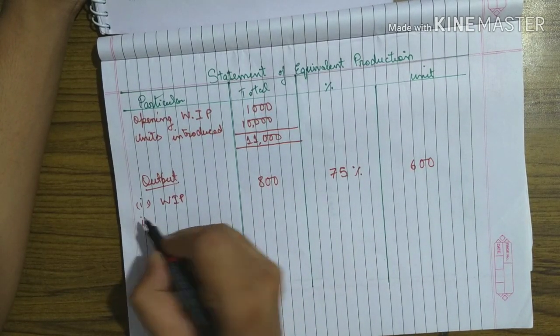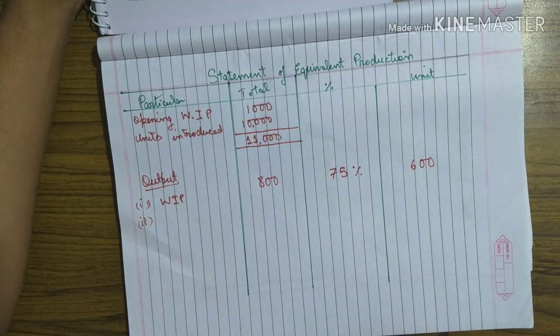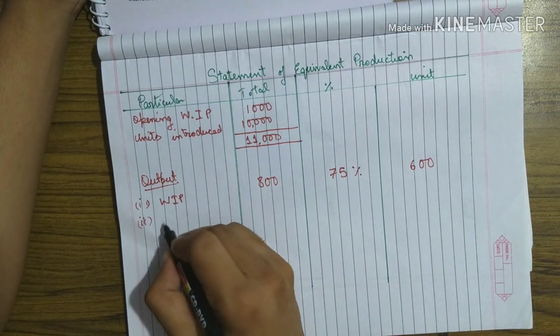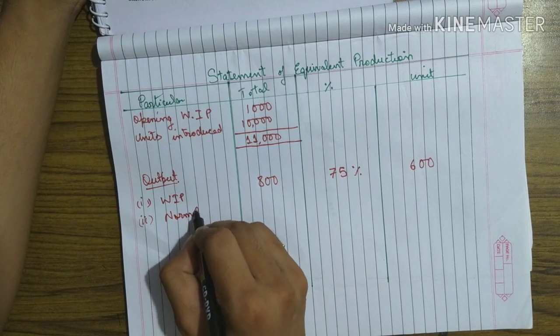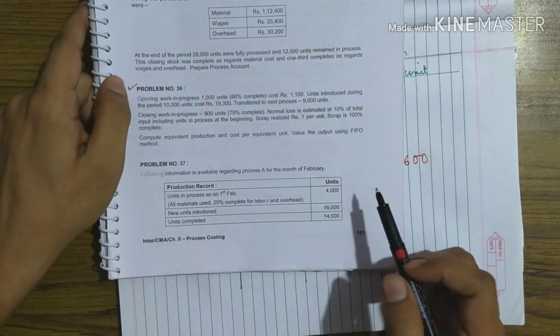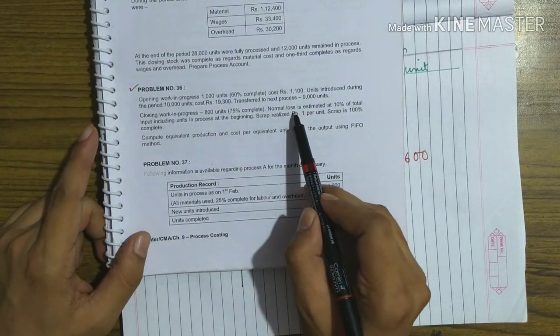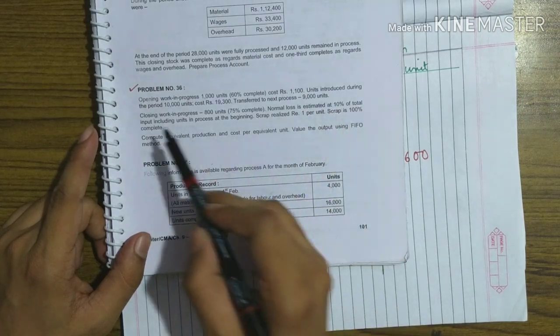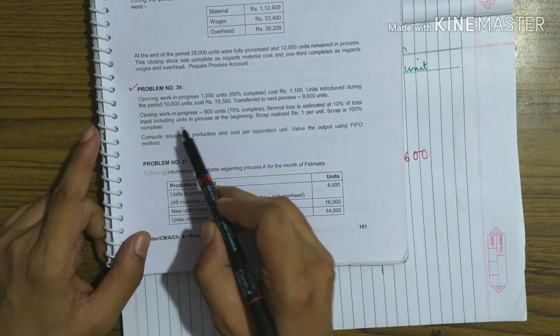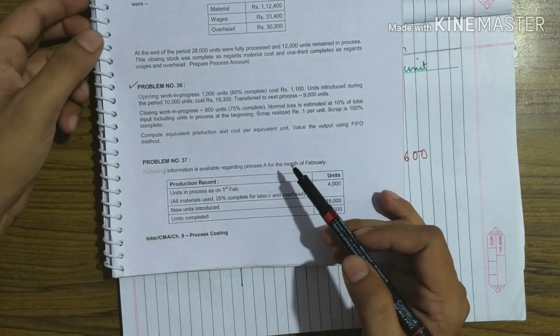Now the normal loss will be, here we can see the normal loss is estimated at 10% of total inputs including units in process at the beginning.